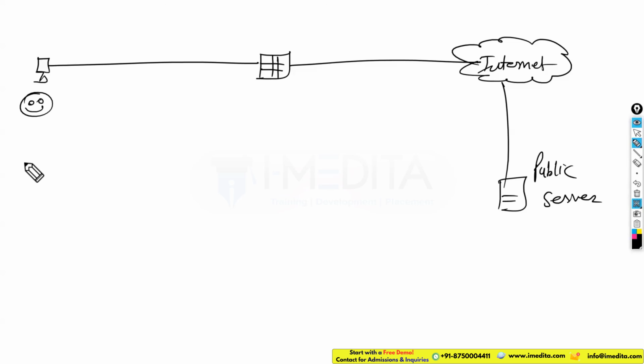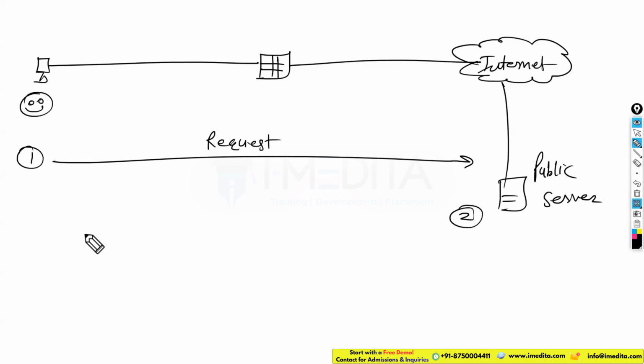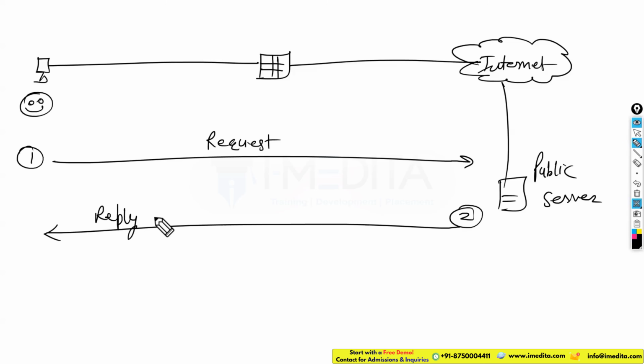The client will send a request to the public server and the public server will give a reply. In the reply, we can get a virus or any file like .exe or .pdf.